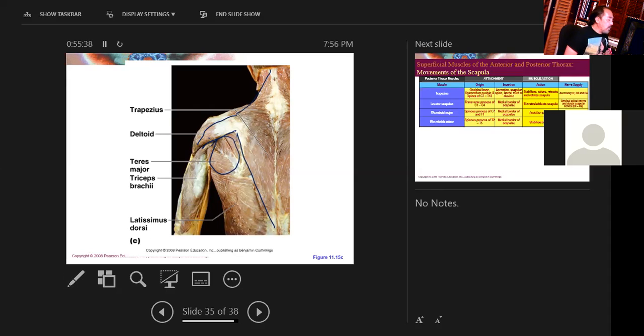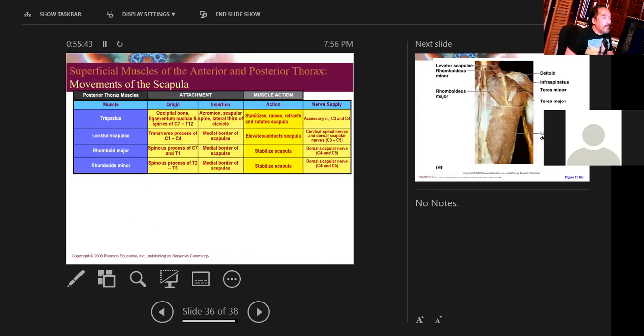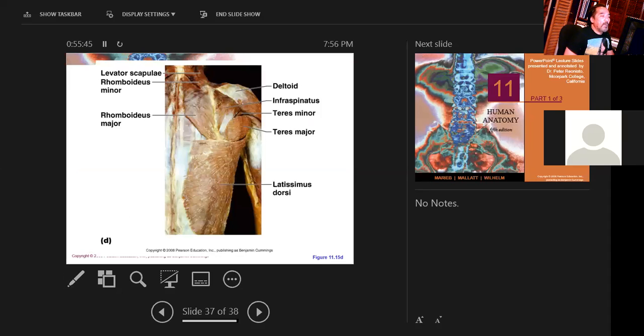We'll do that when we go to the appendicular. Again, I can see the muscles at the back: the rhomboid major, rhomboid minor, and the levator scapulae. And here's going to be my longissimus muscle.